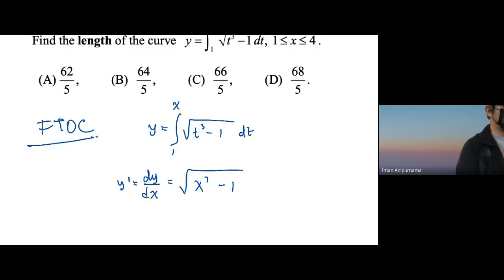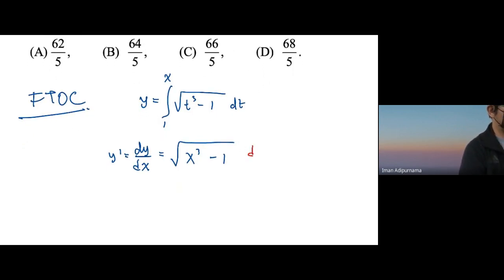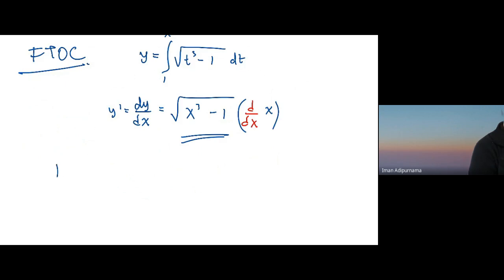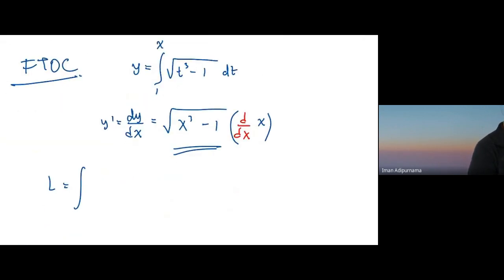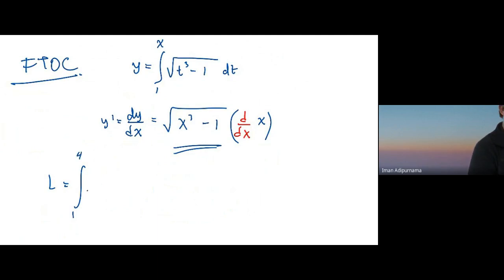And since the chain rule factor is just 1, we are left with just this part. And the arc length is from 1 to 4, so we still have the integral from 1 to 4 of the square root of 1 plus dy over dx squared, dx.